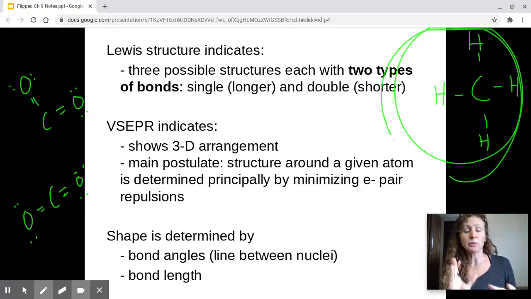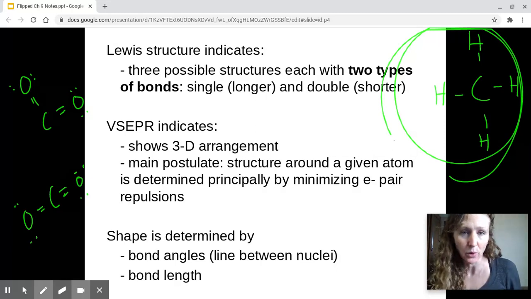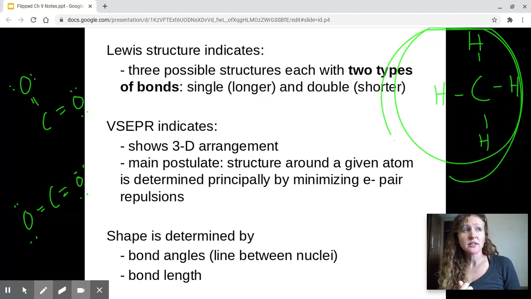The VSEPR model tells us what the geometry of those bonds is, and that becomes really important when we start looking at the interaction of these molecules. If you're trying to design a drug to target a cancer cell, one of the main components of design is going to be what that drug can migrate through, what that drug can dissolve into, what that drug can attach itself to, and all of that is determined by shape.